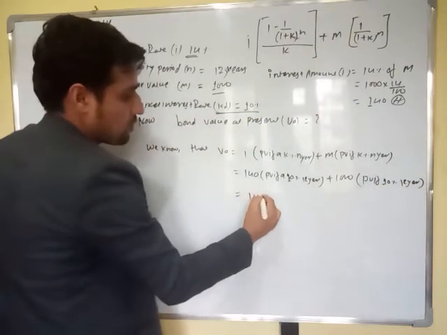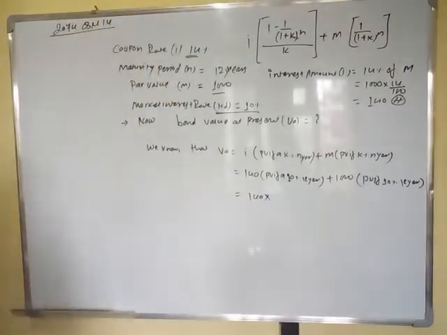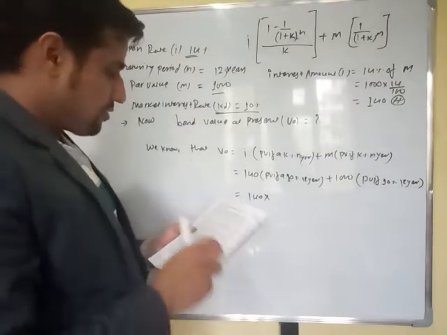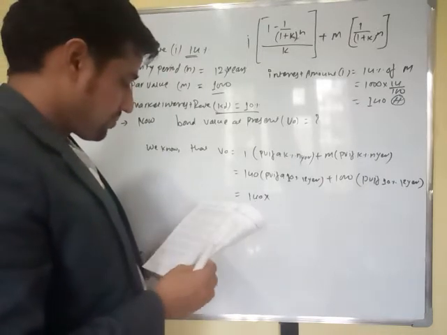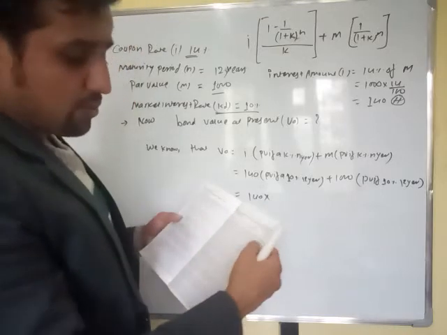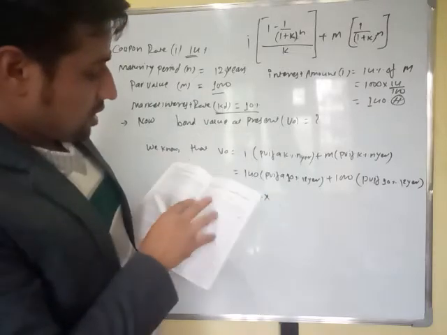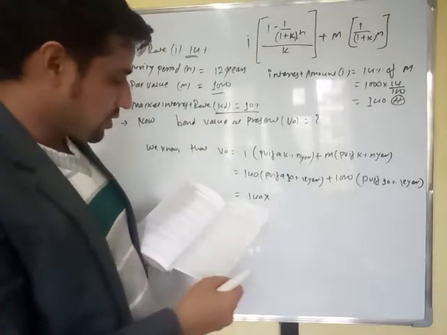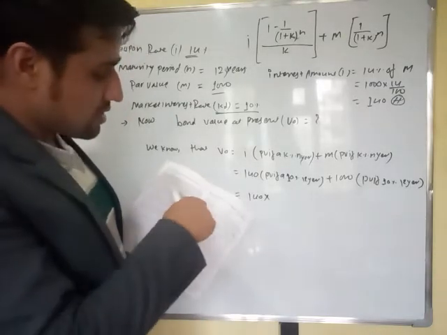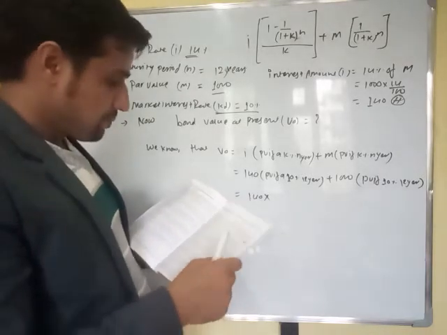Okay, 140 into, let's have a look at the financial tables in your book. We can find the PVIFA. These rows provide the percentage and this column provides the number of years.